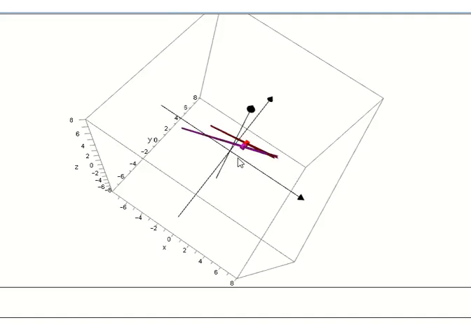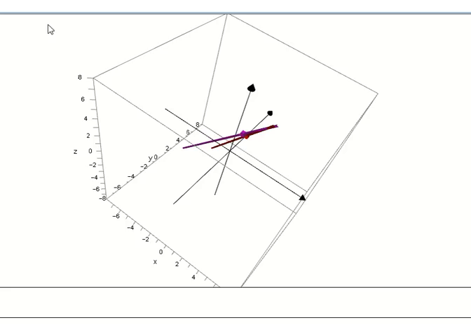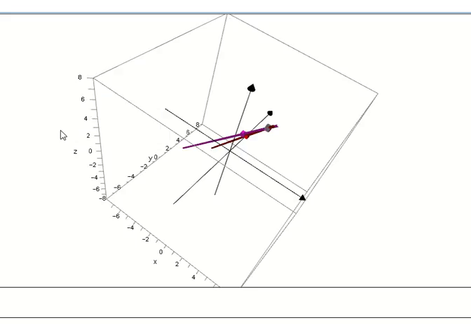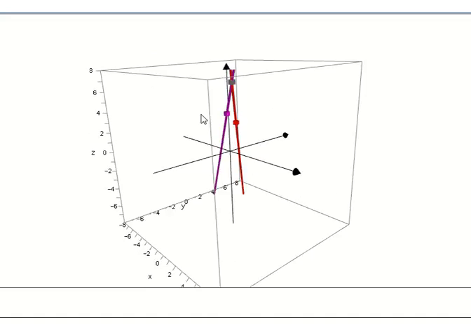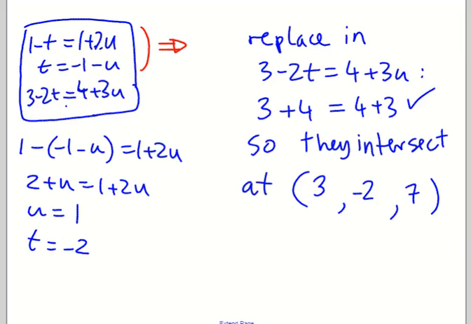There's the two lines intersecting, and we calculated 3, minus 2, 7. There's the point of intersection, right there.